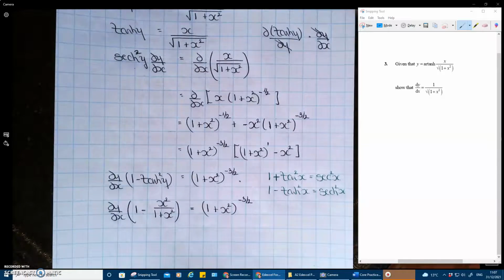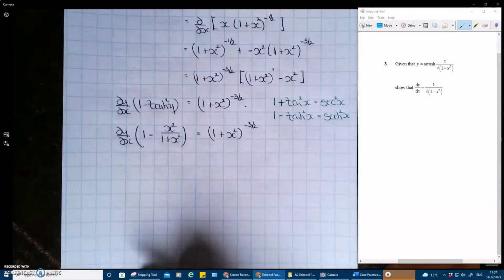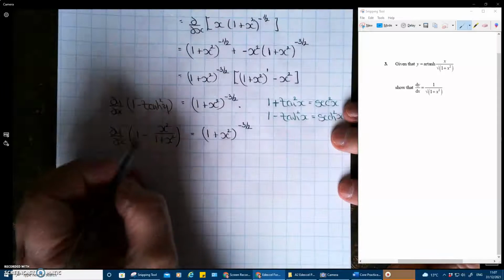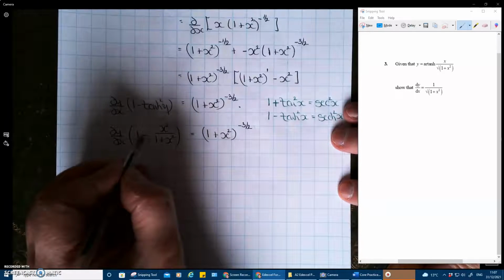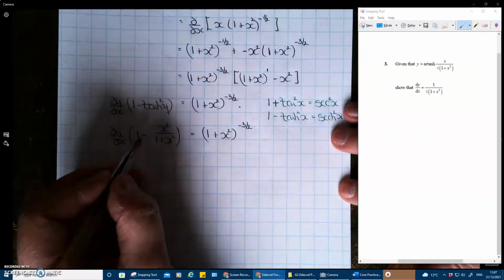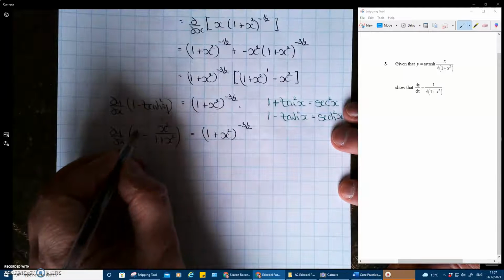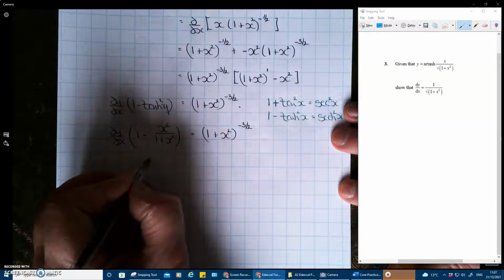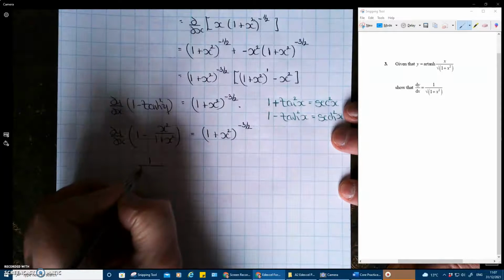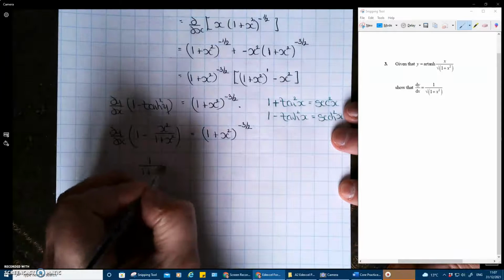Simplify the left hand side. Write this as 1 plus x squared over 1 plus x squared. So 1 plus x squared, take away the x squared, is 1 over 1 plus x squared.